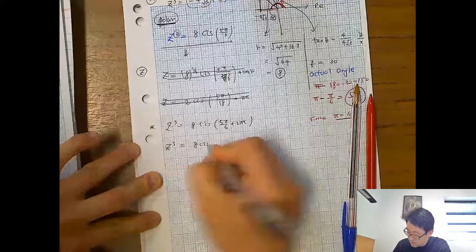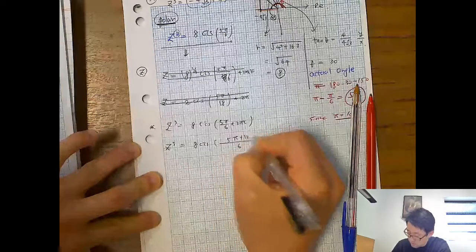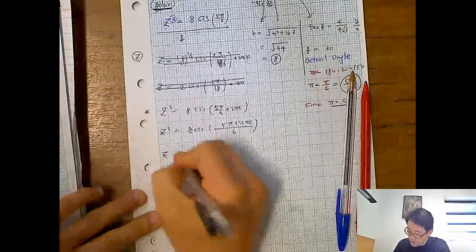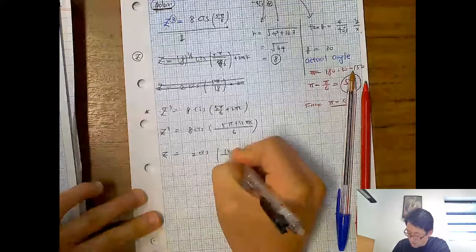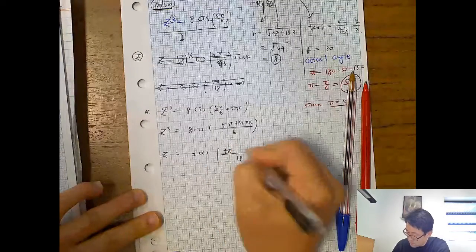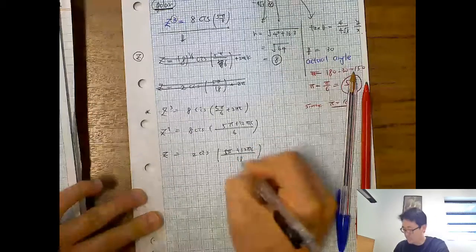So 18, 5 pi plus 12 pi k. And z is 2 cis, 18, 5 pi plus 12 pi k.